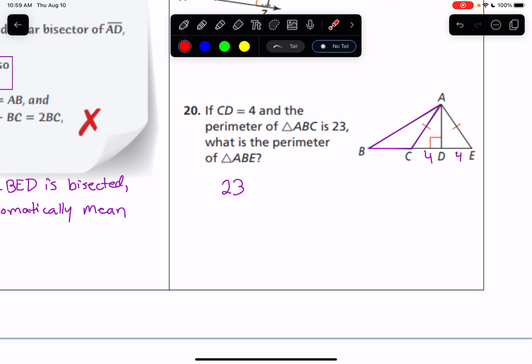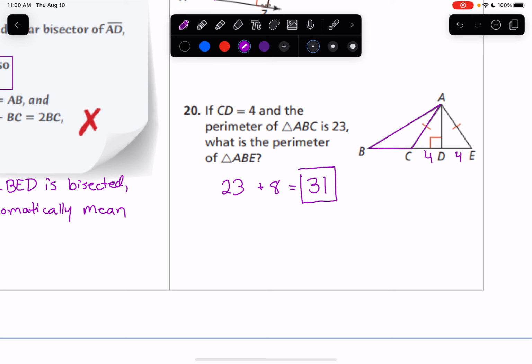So these three lines, AE plus AB plus BC, are still 23 when you add them together. Then we just have 2 more pieces that amount to 8 more units. So plus those 8 more units gives me 31 for my perimeter of triangle ABE, right? Just think about how I have the original triangle, and that original triangle is still there when I'm trying to find the perimeter of triangle ABE.